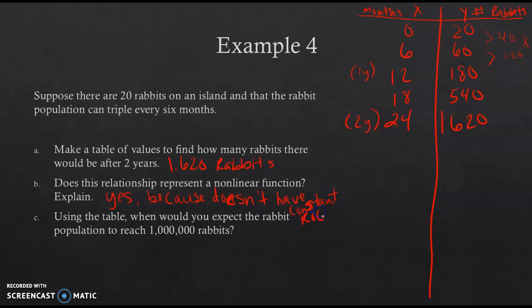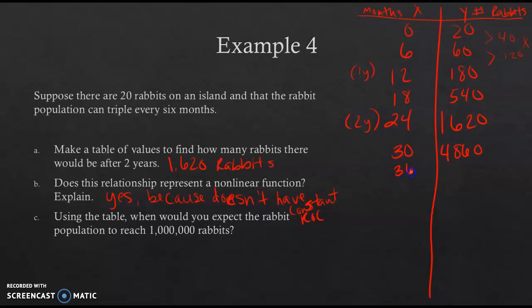Okay. Now, using the table, when would you expect the rabbit population to reach 1 million? So I'm going to take that 1620 times 3 again, because we triple. Now we're at 4,860, and that's 24 plus 6, which is 30 months.